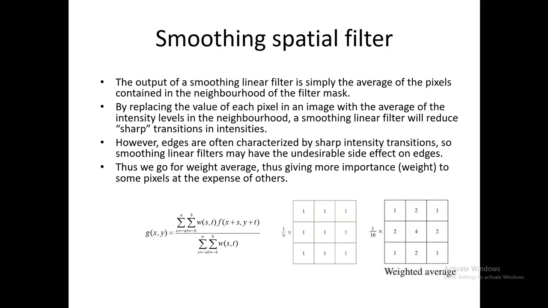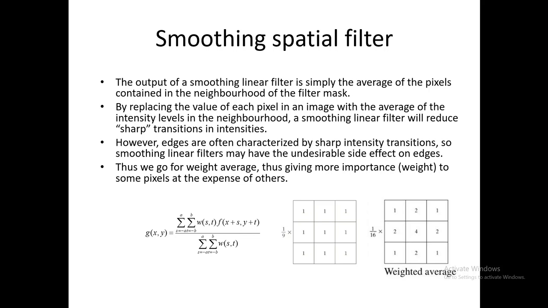By replacing the value of each pixel in the image with the average of intensity levels in the neighborhood, a smoothing linear filter will reduce sharp transitions in intensities. However, edges are often characterized by sharp intensity transitions, so smoothing filters may have an undesirable side effect on edges. That means the edges of images may get blurred.